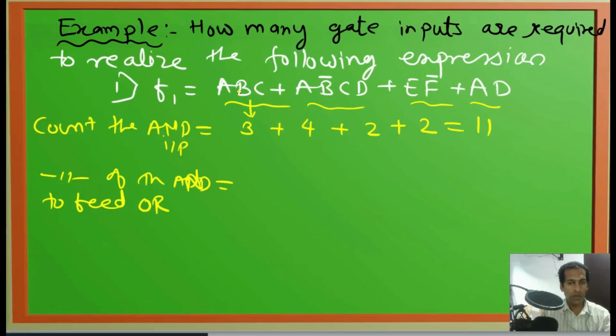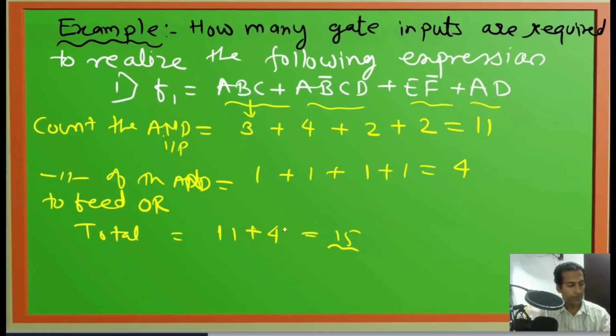For that we require one gate for ABC, one gate for AB bar CD, one gate for EF bar, plus one gate for AD, total 4. So the total will be 11 plus 4, that is 15. These are the total number of gate inputs we require.